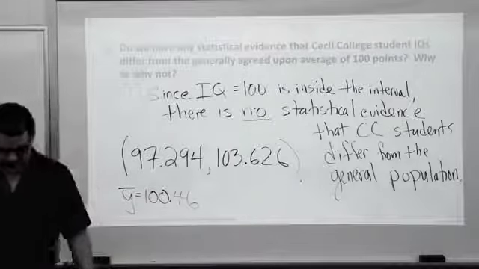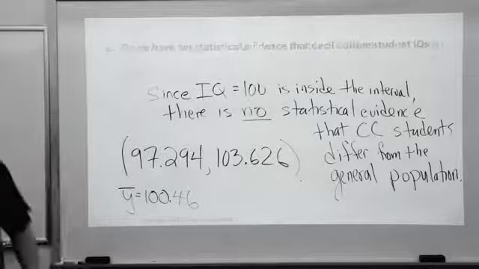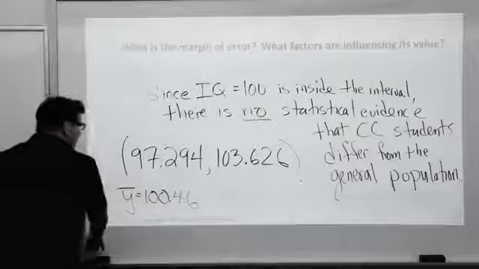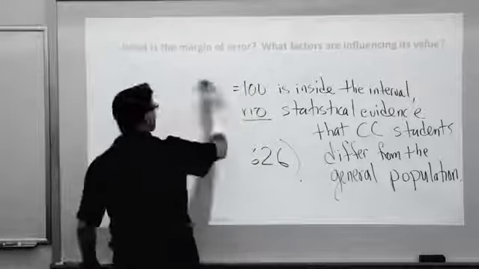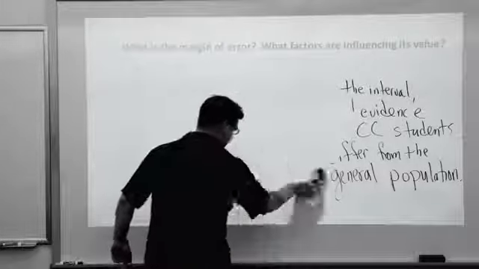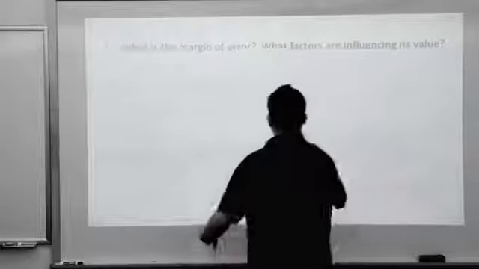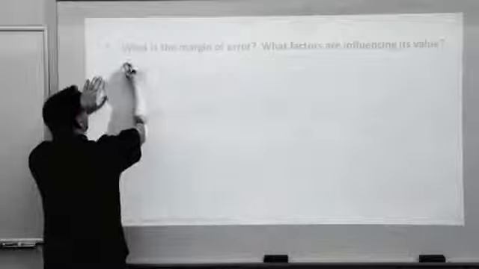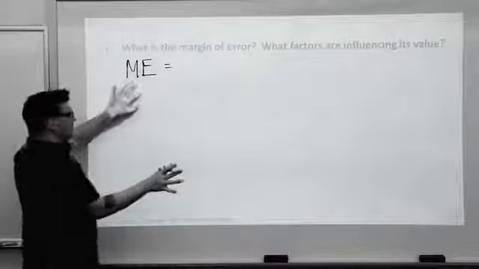All right, one part at the bottom, I believe, part F. Yes, what's the margin of error? What factors are influencing its value? And just think about this for a minute or two. All right, for means, margin of error is all that stuff to the right of the plus minus.